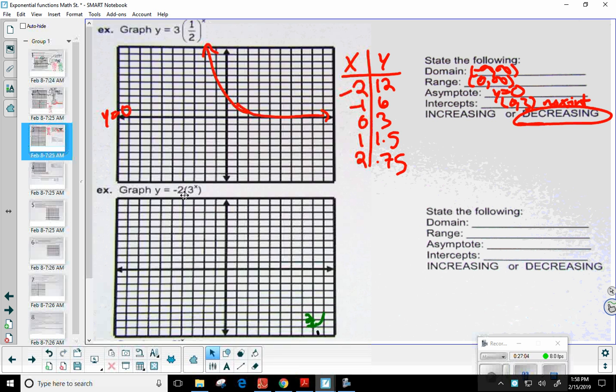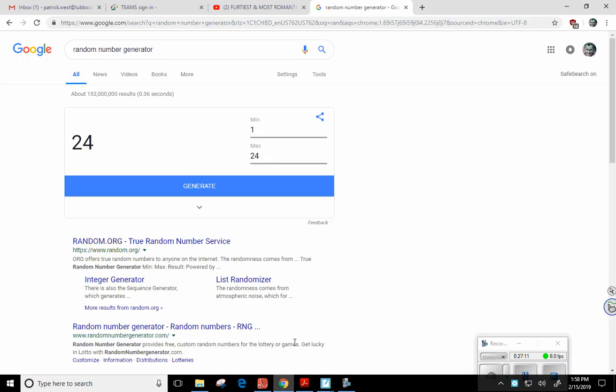There is a vertical stretch, but what else is happening? It's going to be reflected. Now across what? The x or the y-axis? The x. If the function itself is negative, it reflects with the x-axis. If x has the negative, then it reflects with the y. Okay? So, volunteers.